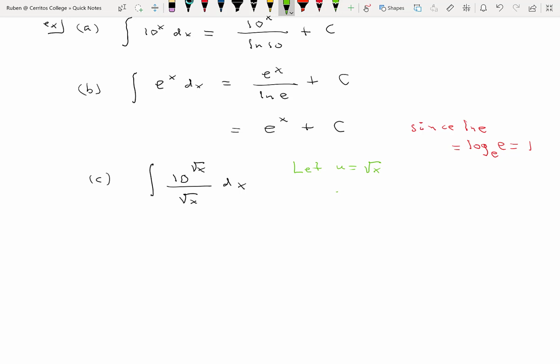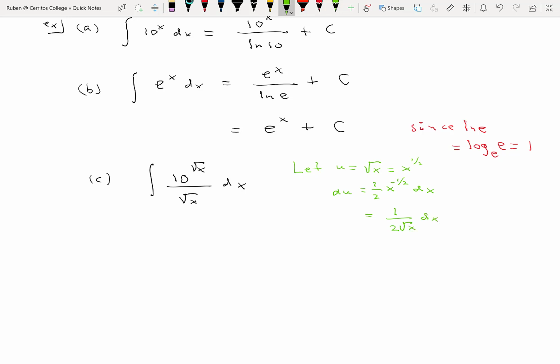Okay. So if u equals the square root of x, then du equals, remember, square root of x is x to the 1/2, so the derivative is 1/2 x to the minus 1/2, and then to get the differential, we multiply by dx. So this is 1 over 2 radical x dx.